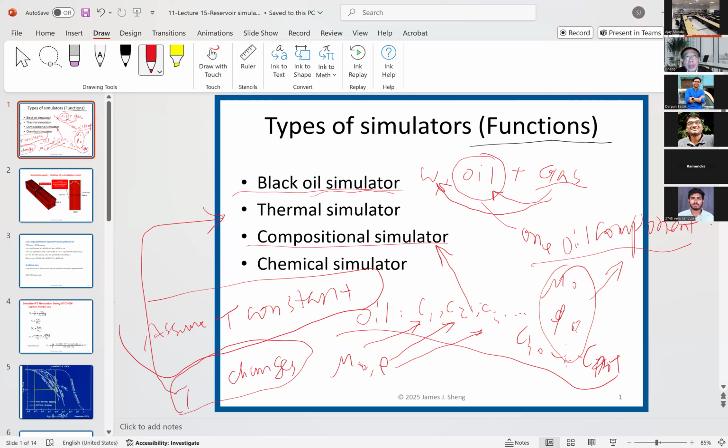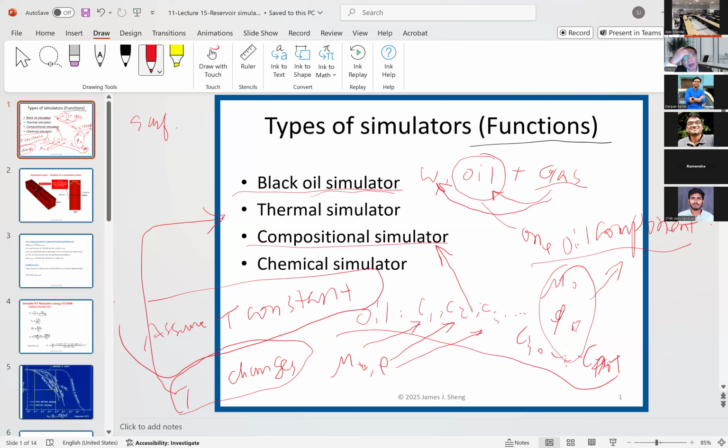And we have not talked about how the injection fluid changes. In surfactant flooding, for example, in the previous several days we mentioned surfactant, right?